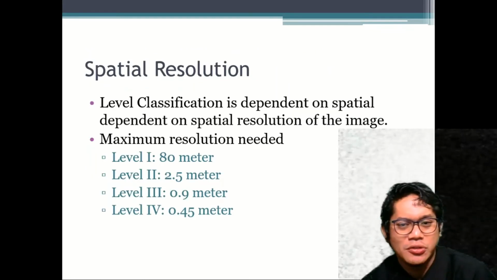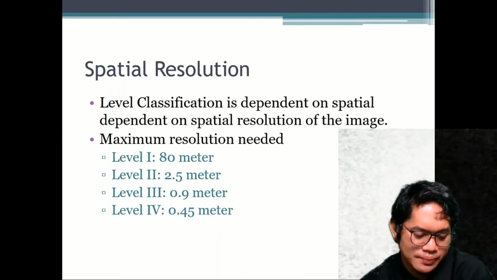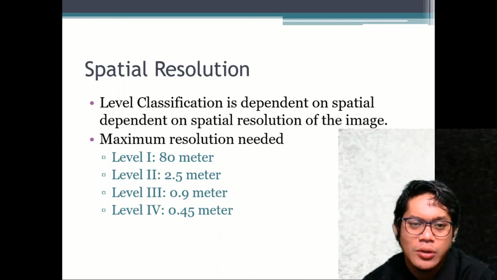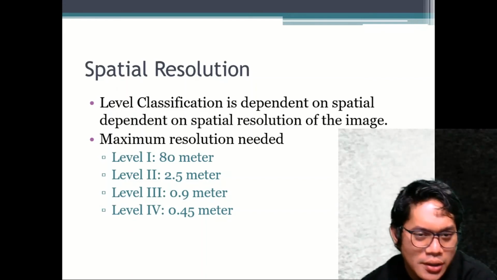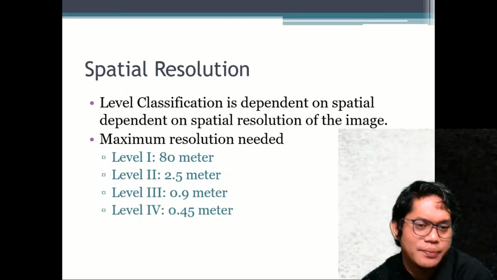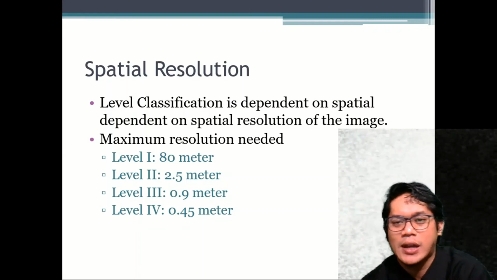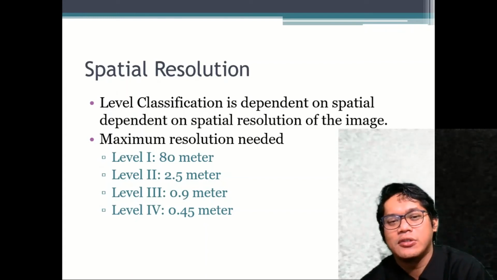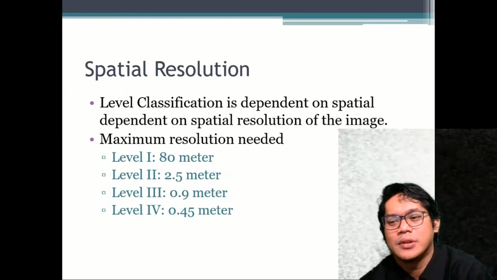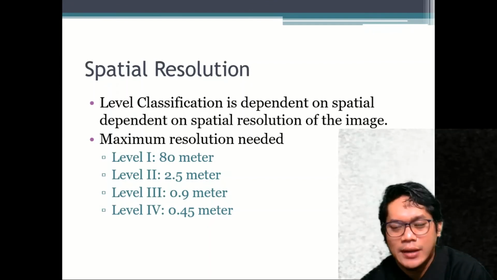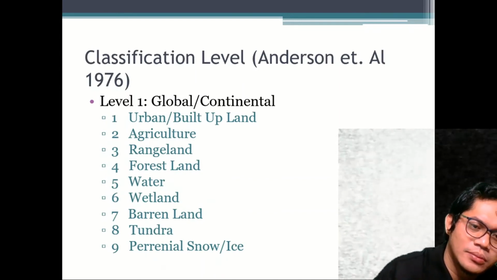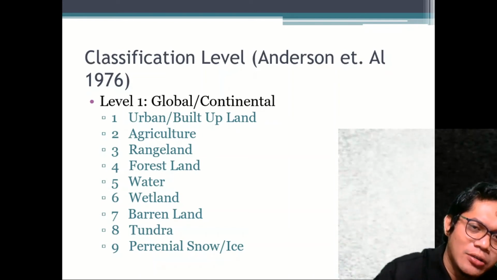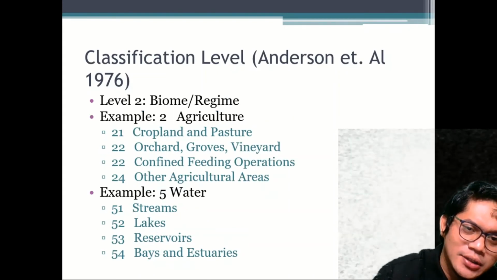The spatial resolution of the satellite images also affects the level of classification. If you look here, levels 1, 2 and 3 suggest that different kinds of satellites will be used to help the analyst classify the land use accurately. So now we can see the classification levels based on Anderson et al.